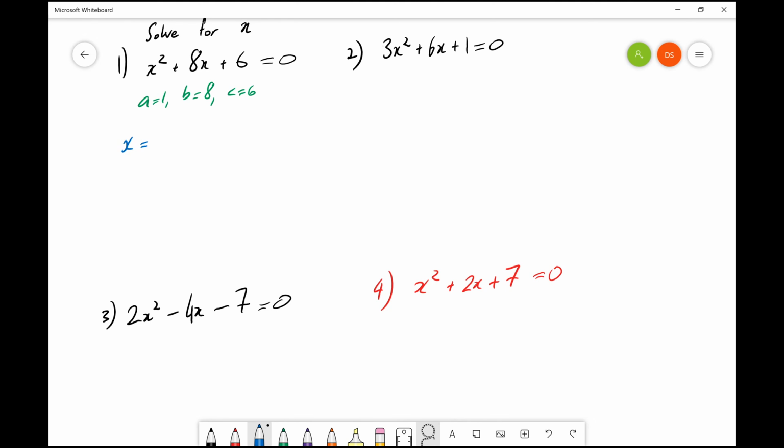Negative B. Oh, right. Should I write the quadratic formula somewhere for you? Yes, I should. I'm going to write it right here. Negative B plus minus the square root of B squared minus 4AC all over 2A.